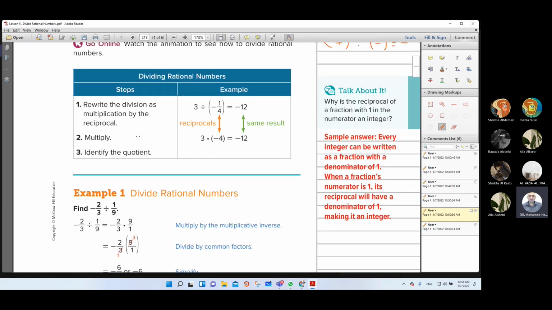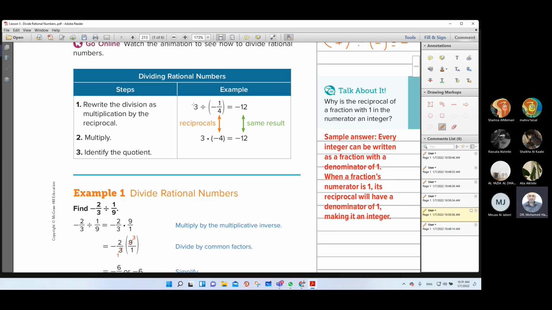As you remember, when you want to divide a number by a fraction, a fraction by a number, or a fraction by a fraction, we have the rule: keep, change, then find the reciprocal. As you see in this example, we have a number divided by a fraction. Rewrite the division as multiplication by the reciprocal, then multiply, then identify the quotient.